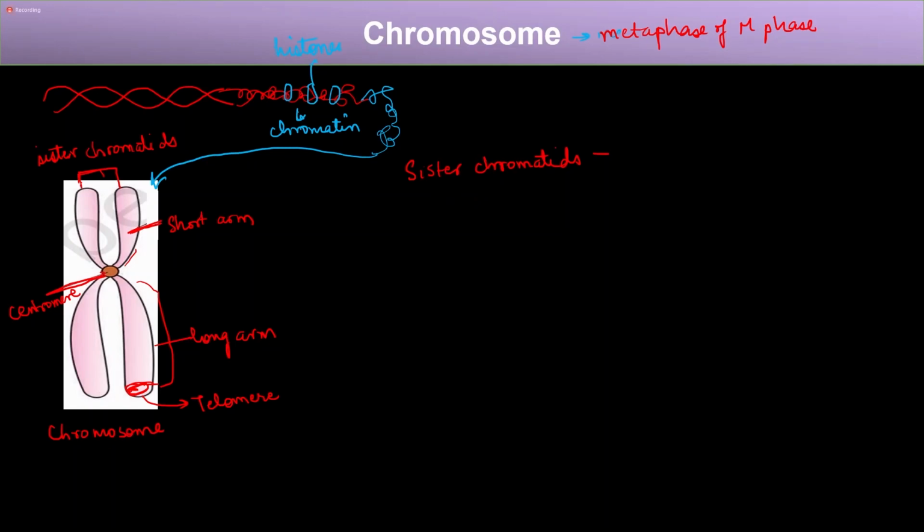What do we mean by genetically similar? This is a condensed form, but it actually consists of DNA. Genetically similar means that they both have the same genetic composition. The DNA comprises genes, so the gene that is present on this chromatid will also be present on the other chromatid at the same location. Because of this, they are known as genetically similar.